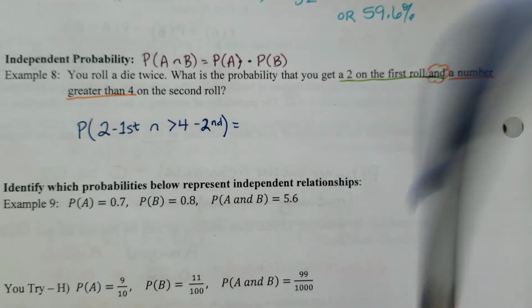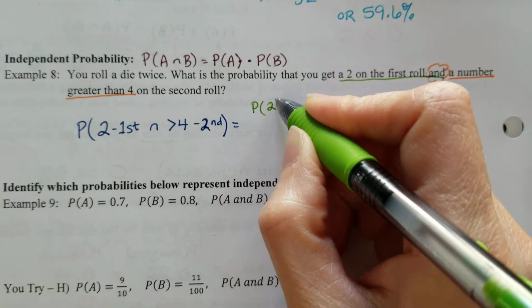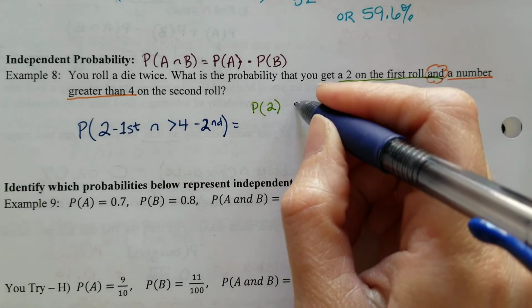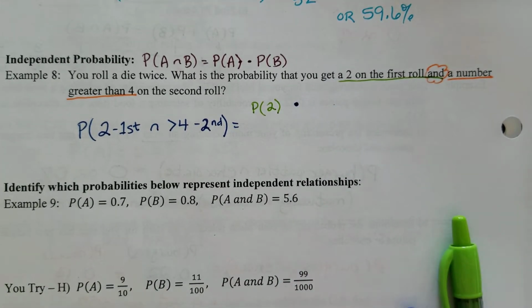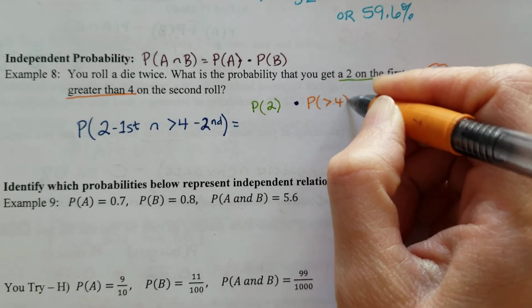And so to set that up, we're going to first find the probability of rolling a 2. And then we're going to find the probability of rolling a number greater than 4. And then we'll multiply those together.